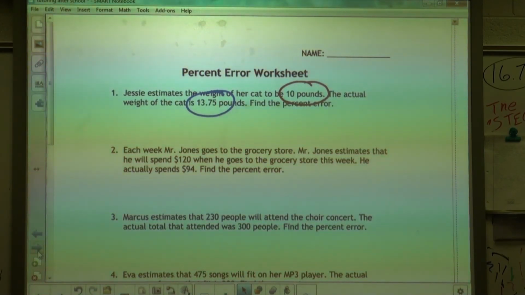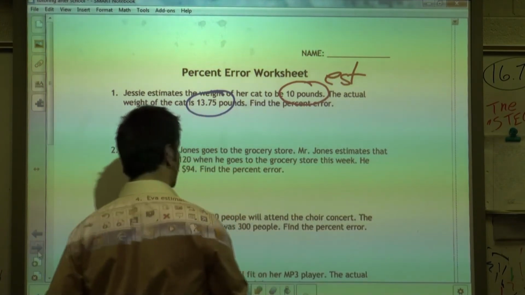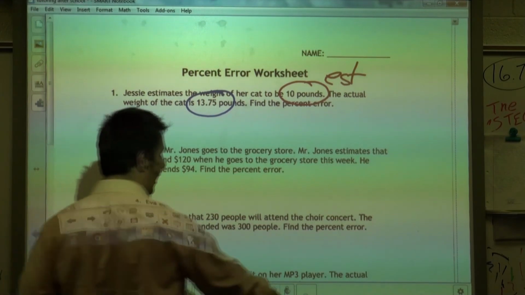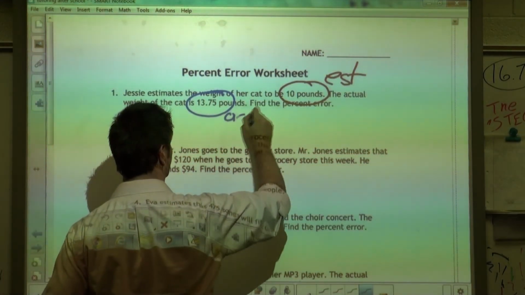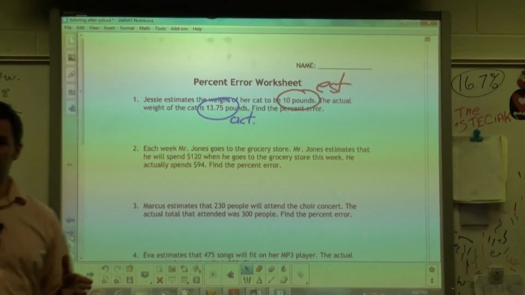Now, if Jessie estimates that her cat weighs 10 pounds, that's our estimate. But the actual weight, when Jessie actually checked what her cat is weighing, she found out that it's 13.75 pounds. So that's our actual value. Once you have those numbers, everything else is pretty simple.